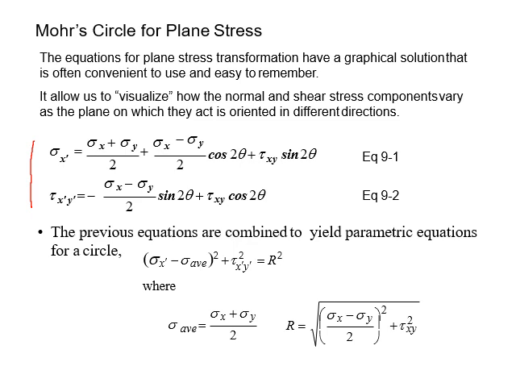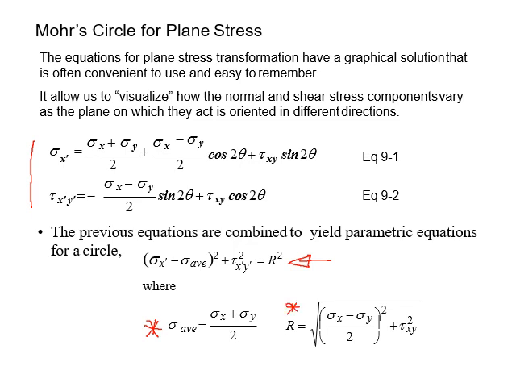Now, these two equations, if you look at the mathematical approach, can be combined and rearranged to come up with this equation here. If you notice, this is an equation for a circle. In this equation, sigma average is the same sigma average we were talking about in the last lecture, and R is equal to tau max.